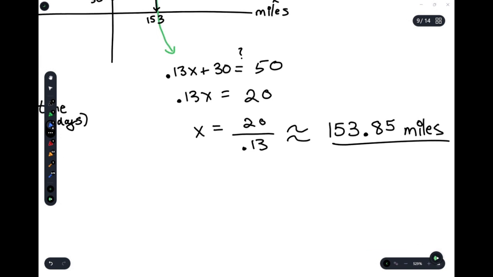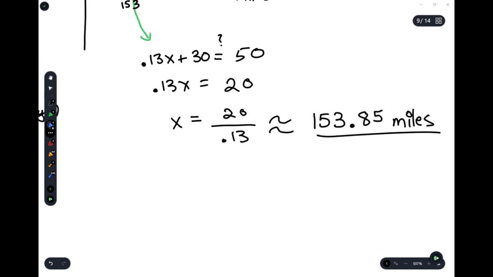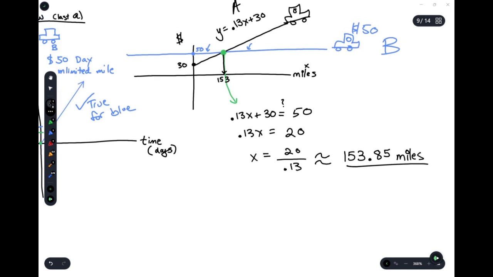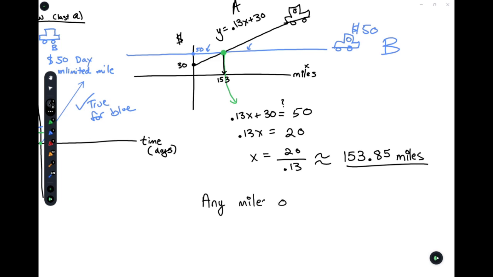That's kind of interesting. So now you got to go and see what the question actually was asking you. I don't remember. For what range of miles will plan B save you money? So, any miles over 153.85.